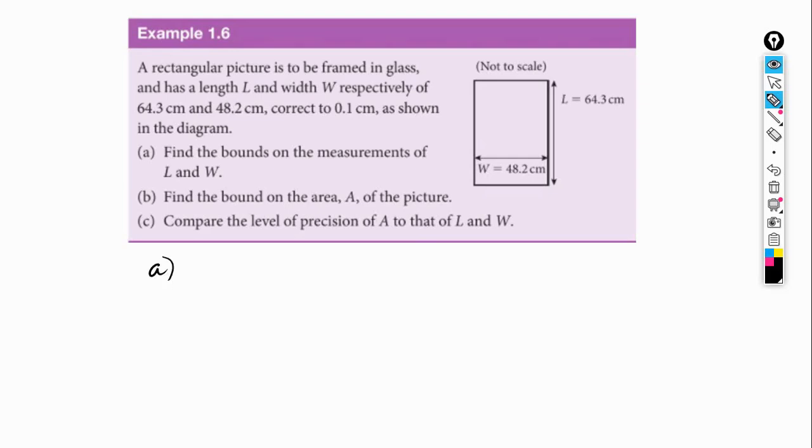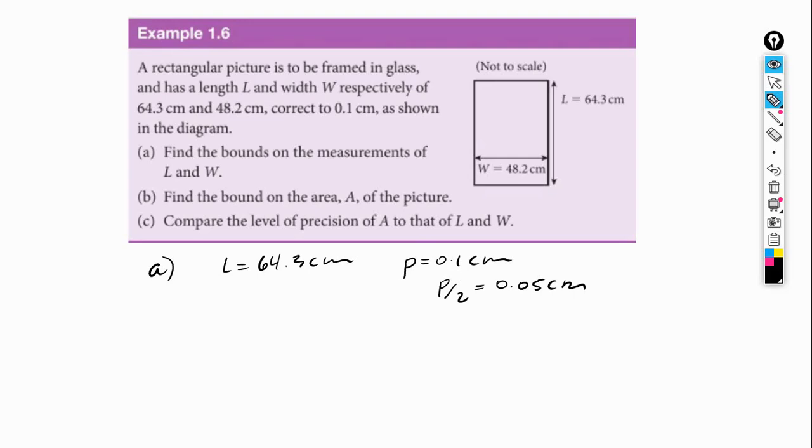And we will take a look first of all at the length. So the length is 64.3 centimeters. And the precision of the instrument or the ruler with which they measured was 0.1 centimeters. So p halves would be then 0.05 centimeters.